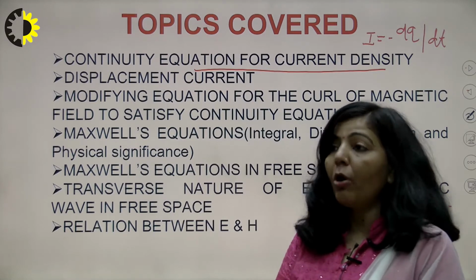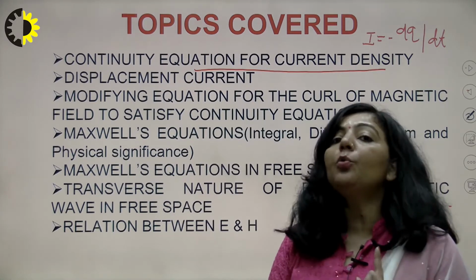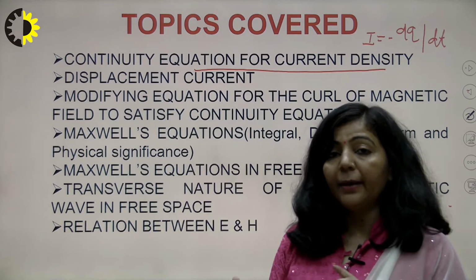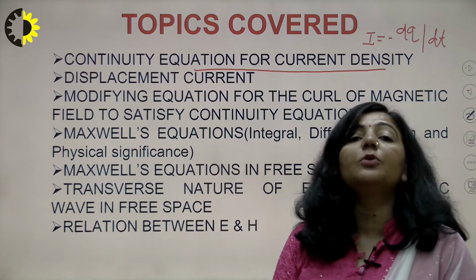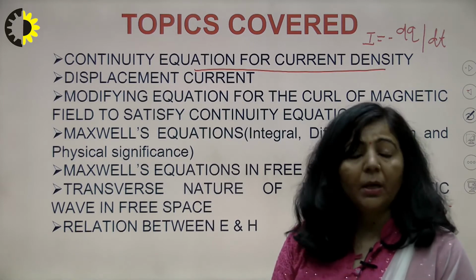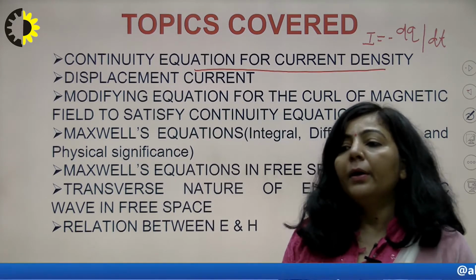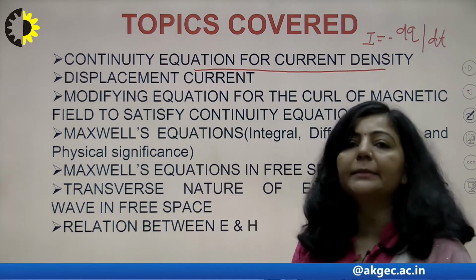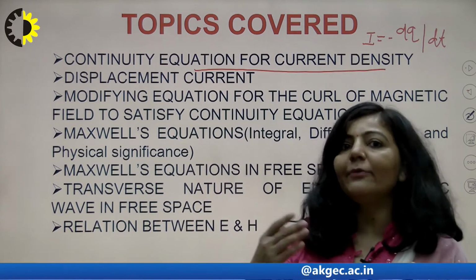As you can recall from your last lecture, we took two closed loops C1 and C2, one in the connecting wires and the other one between the two plates of the parallel plate capacitor. After that, we applied Ampere's law to explain the magnetic field for loop C1 as well as C2.